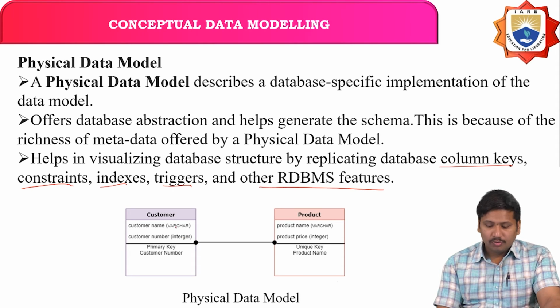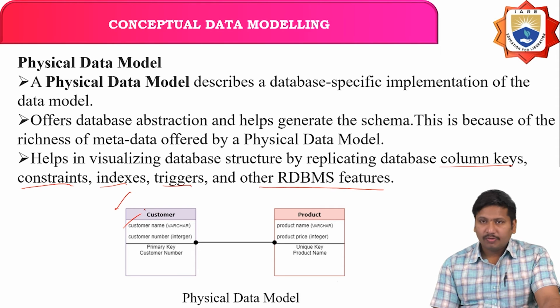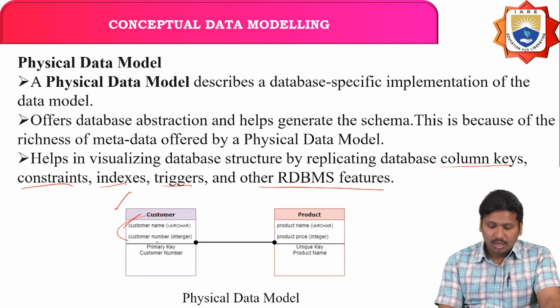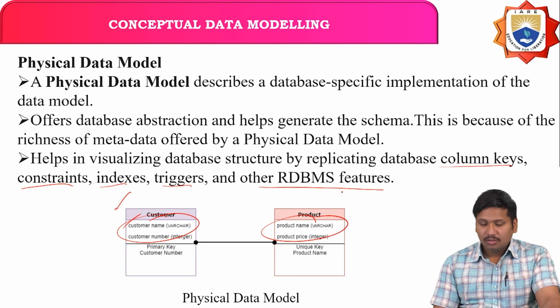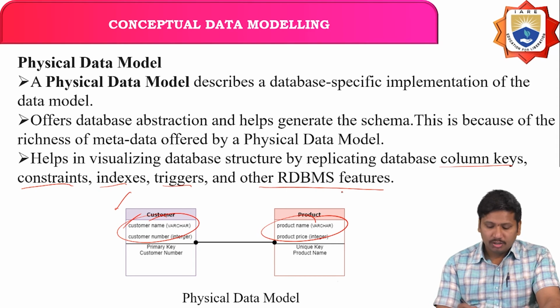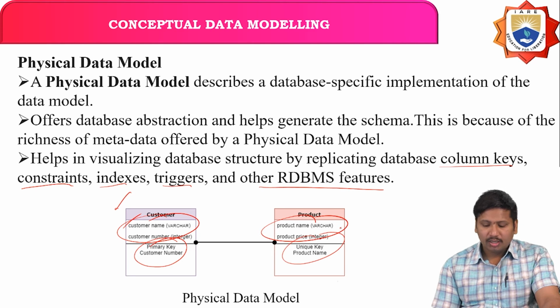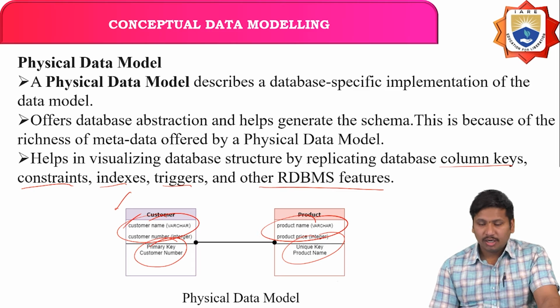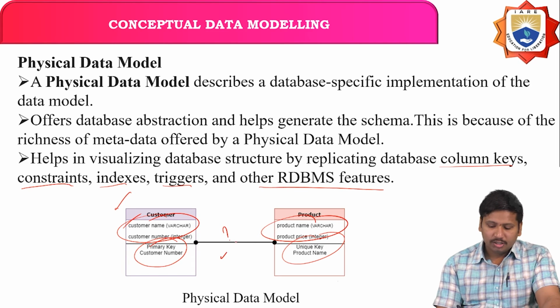If you consider this physical data model, previously we were maintaining the customer name and what type of data it is; up to here we have seen that. Now in the physical model, you have to identify the primary key, the secondary key, and the unique key, and how to make the relationship from one customer entity to another, and what kind of relationship to establish between them.